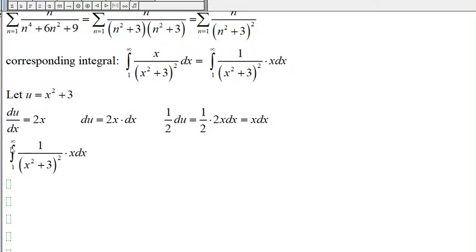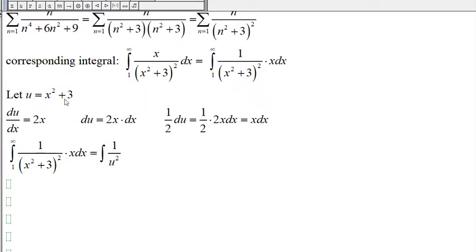And so from here we have the integral of 1 over u squared.